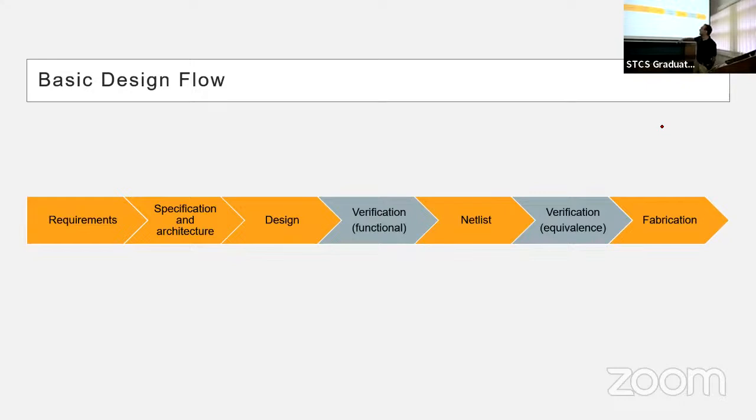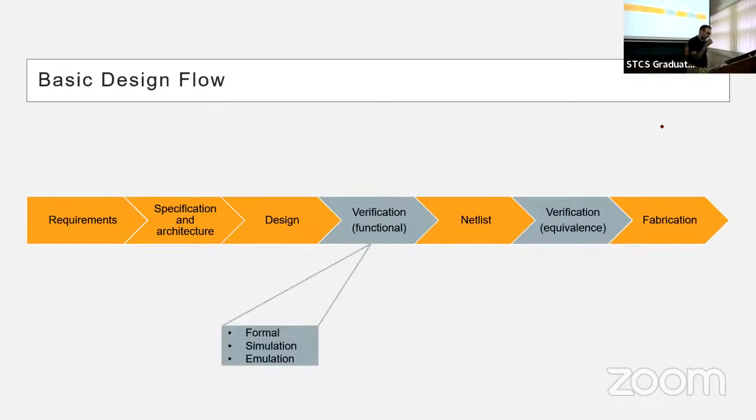Okay. And then after that, since there is a conversion happening, we again need to verify this against this, because we need to ensure that nothing changes during the conversion, right? Nothing changes logically or functionally, and then it goes to the fabrication units. And then there are some other steps as well, but this is the basic design flow.